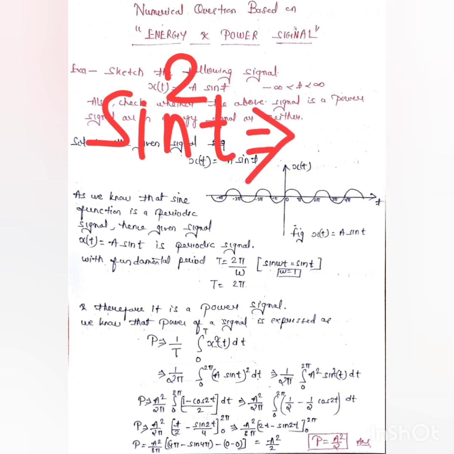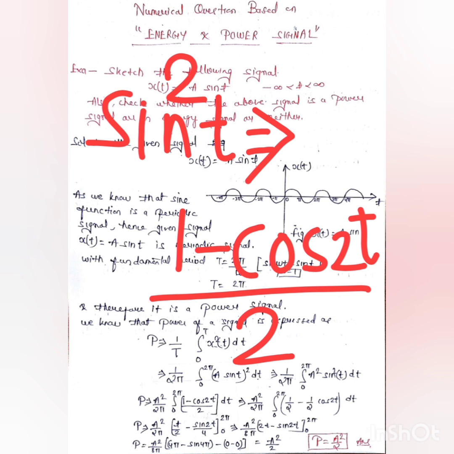We have to convert this square term into a simple term. So we have the formula: sin squared t equals (1 minus cos 2t) upon 2. This is the formula which we use in place of sin squared t. Here we have the expression. The common term we take out from the integration, which is A squared upon 2 pi.